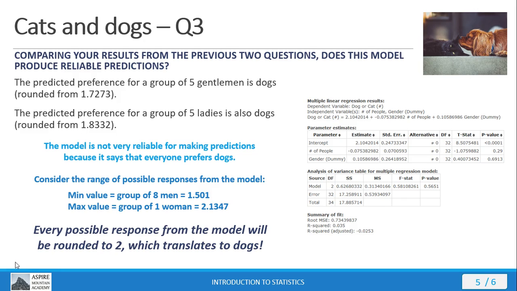Of course, I wouldn't be as inclined to look for the errors in the model because I'm like, hey, everyone loves cats. That's what I want to hear. But the fact that the model's giving you the same thing, no matter what you put into it, should be a big red flag that you don't have a very good model here. So we're going to say this is a bad model.